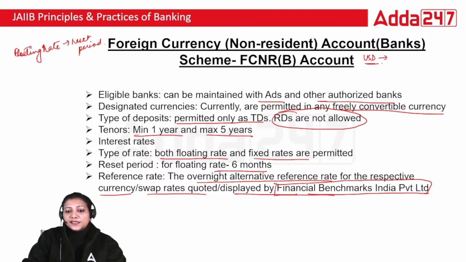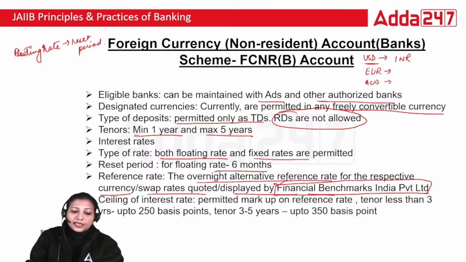Is it US dollars? Then the swap rate of INR and USD will be taken. If it is euro, that rate will be taken. If it is Australian dollar, that rate will be taken. This is displayed by Financial Benchmark India Private Limited.